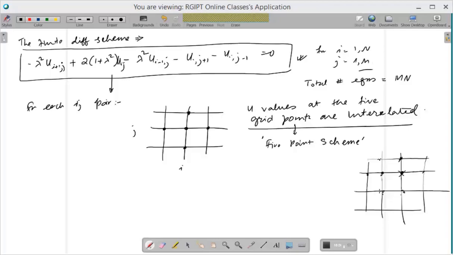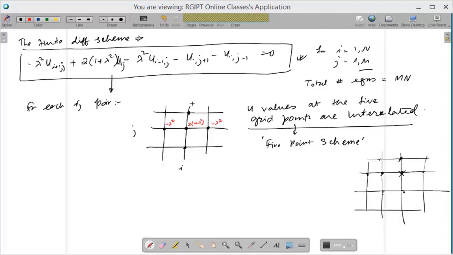So this is an example of a linear system actually. Okay, here the dependency is a little different. It tells me that if you assign certain weightage to this point, let me write the weightage in red color. So u_ij value, if you multiply with 2 times (1 plus lambda square), okay, then u_i+1,j value I multiply with minus lambda square, and u_i-1,j is minus lambda square.